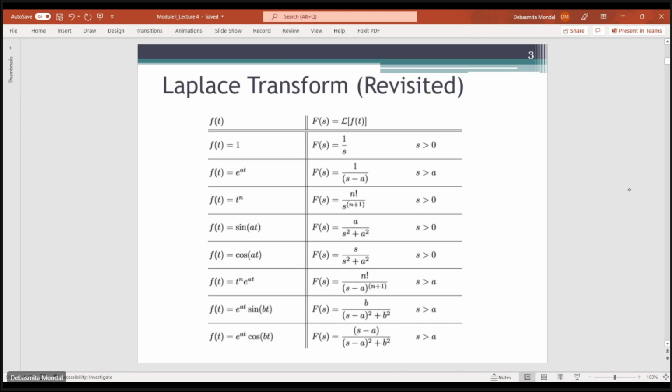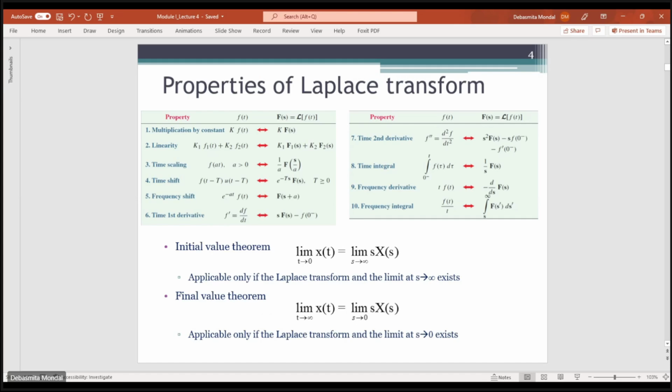I think you already know how to derive these, but you can revisit them, replace x(t) with these functions, and come up with the corresponding Laplace transforms. These are things you would need to remember, and while doing more and more calculations, they will come into play.